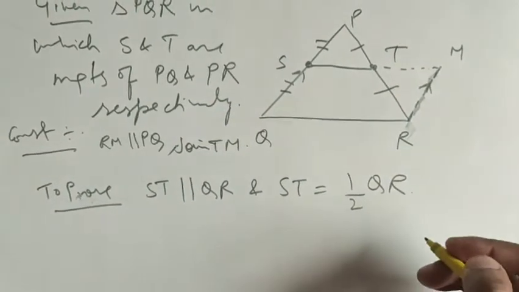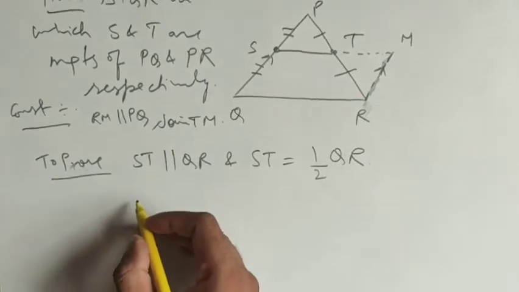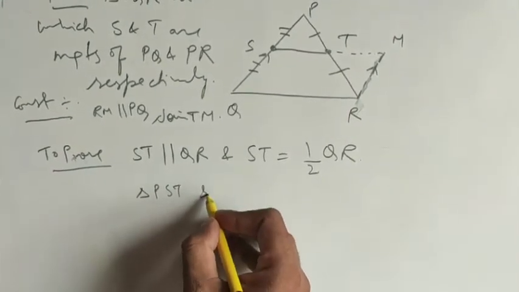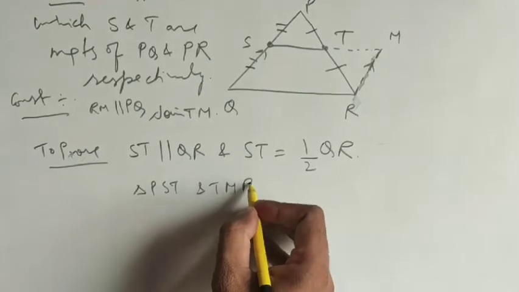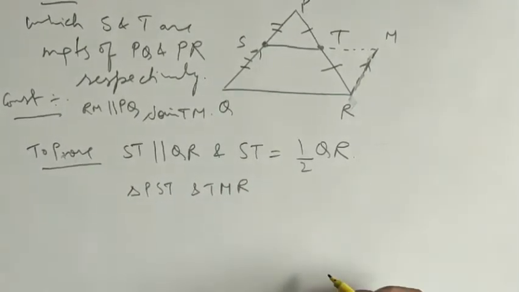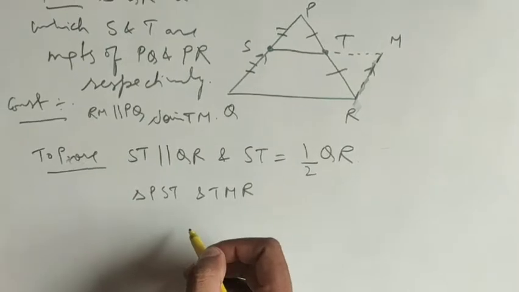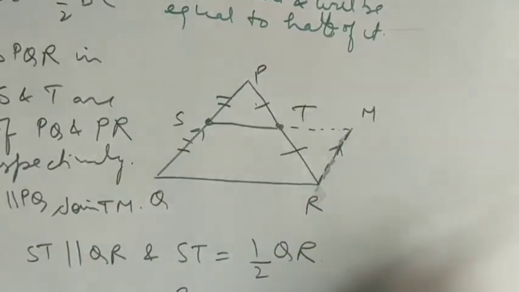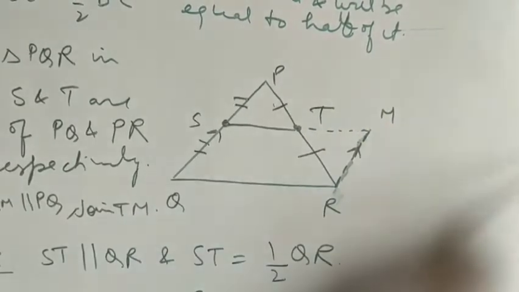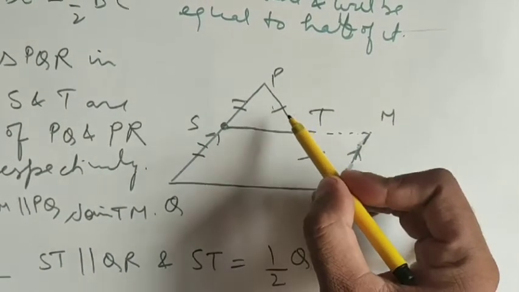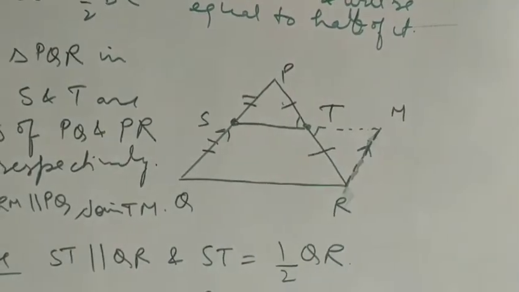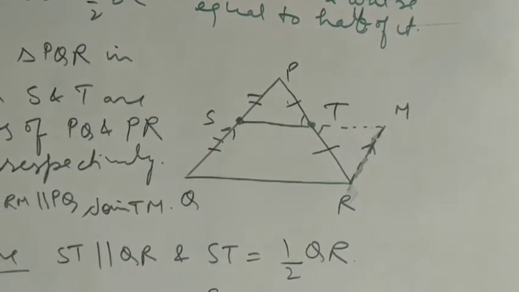So now we will try to prove that triangles PST and TMR are congruent. Now we are looking at triangles PST and TMR. Now come here, PT is equal to TR. One point we know because T was the midpoint. The other point we can say is that these two are vertically opposite angles, and vertically opposite angles are equal.